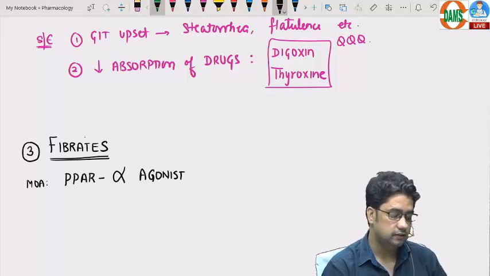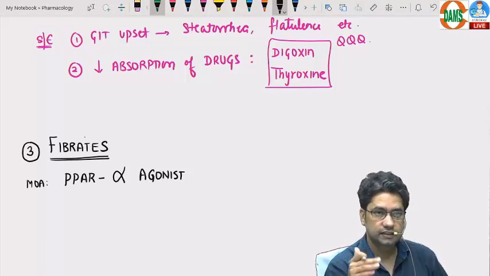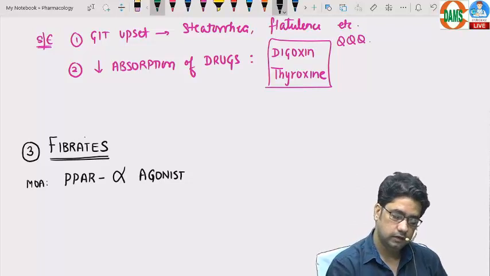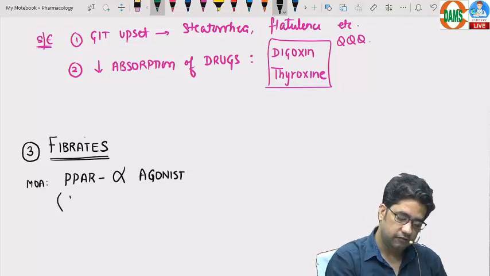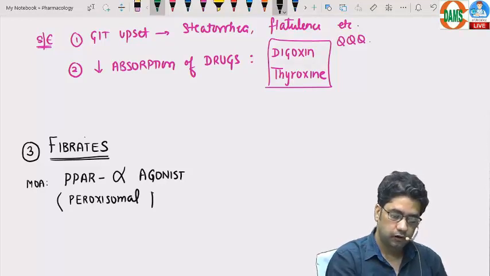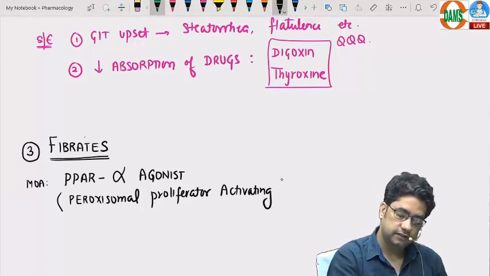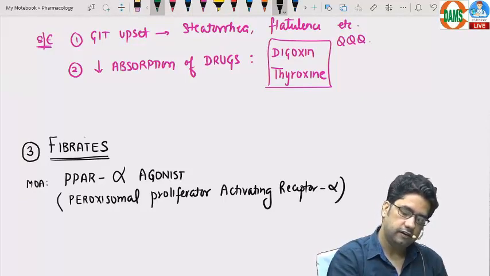Hypolipidemic drugs in pregnancy. If there is hyperlipidemia in pregnancy, then you will give which hypolipidemic drug? Resin. Now what is PPAR alpha? We will write peroxisomal proliferator activating receptor alpha.